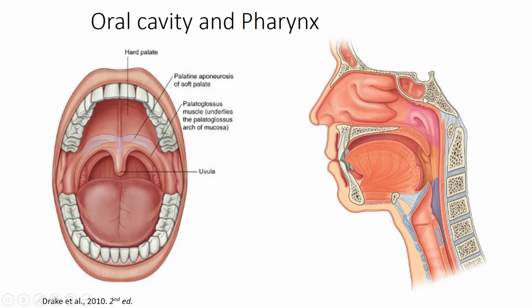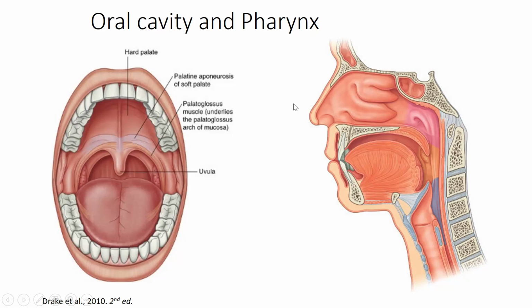And the pharynx extends from the base of the skull until the inferior border of the cricoid cartilage, and also the inferior border of C6 posteriorly.